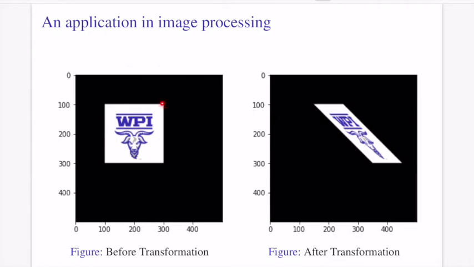So for example, this corner goes to this corner, and this corner goes to this corner. And not only corners, you need to move all the pixels inside this picture to the corresponding new coordinate or new pixel. Then what you need to do is tell the computer how to move these pixels.